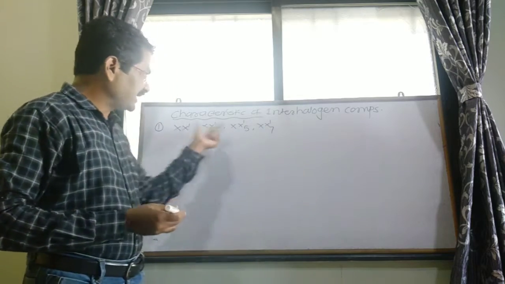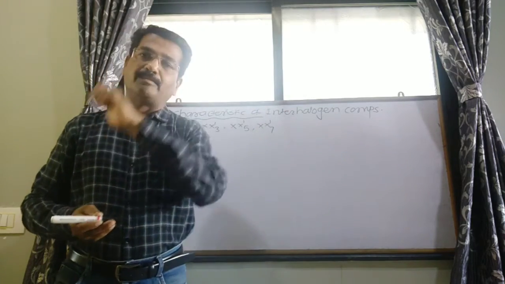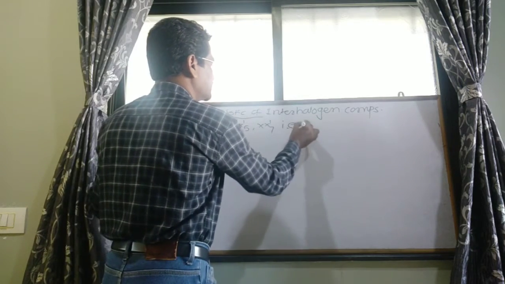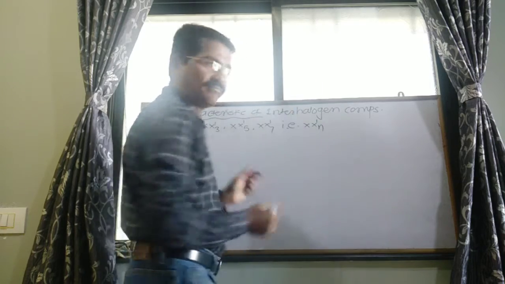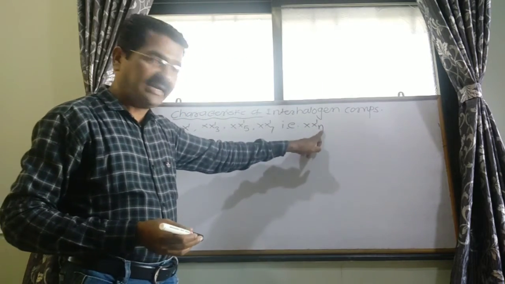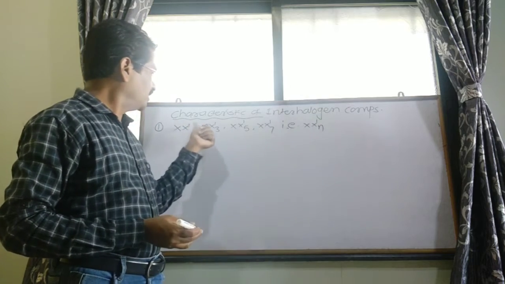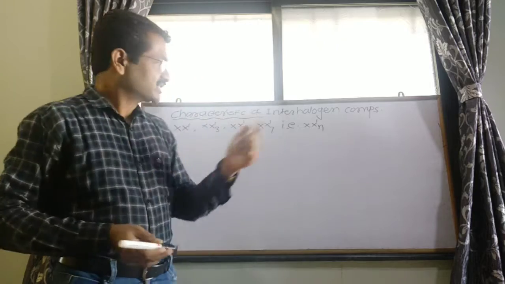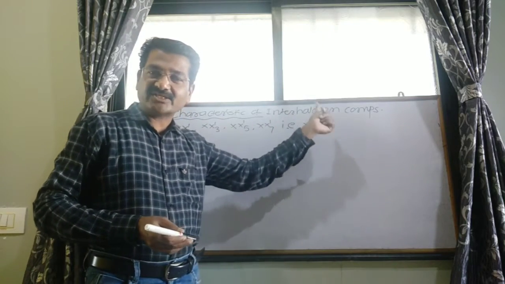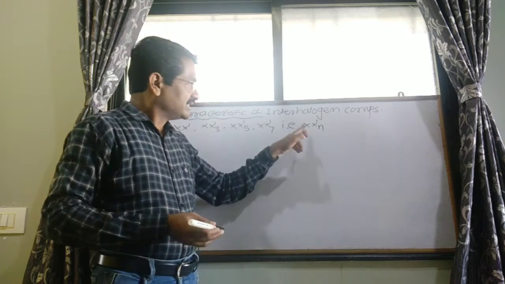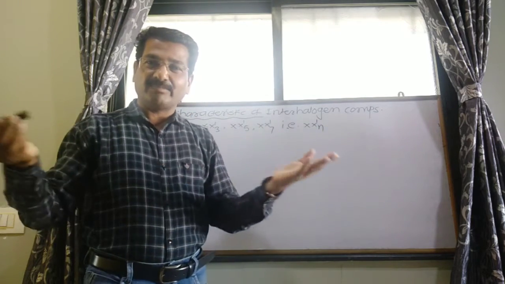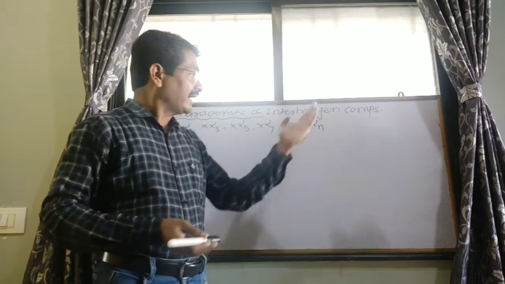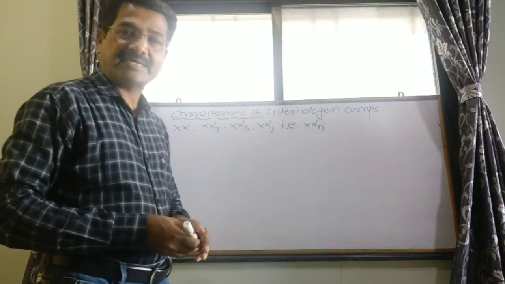So all these are examples of interhalogen compounds. So it indicates XX'n, where n indicates the number of the other halogen atoms, maybe 1, 3, 5, 7. Interhalogen compounds are generally indicated by XX'n, in which the parent halogen is larger in size and the other is smaller in size.